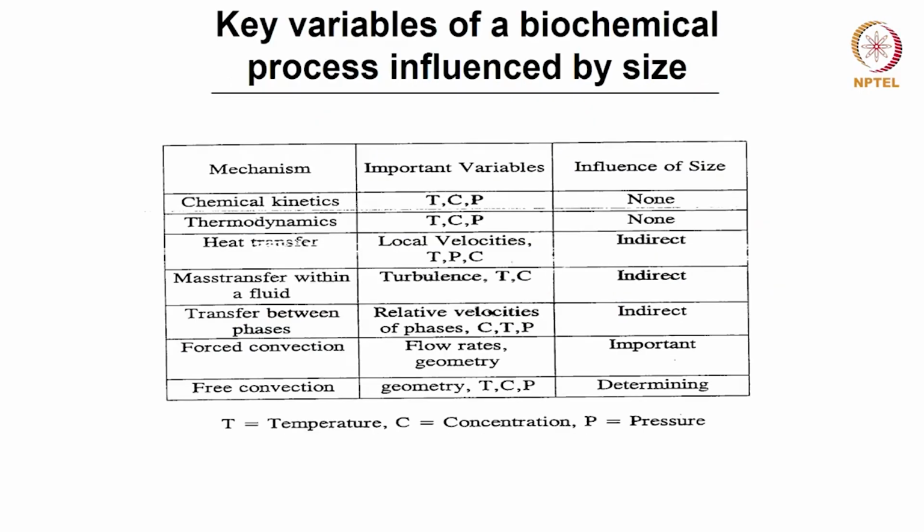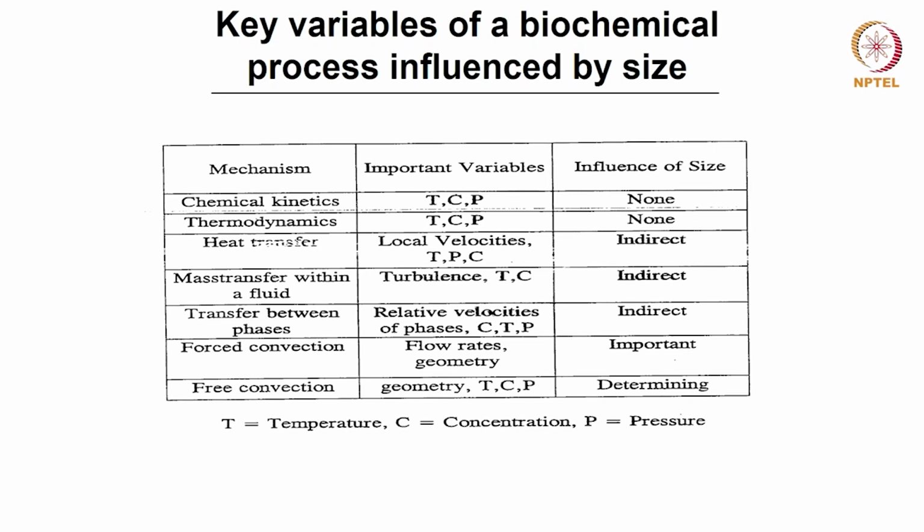So key variables of a biochemical process which are influenced by size, like the mechanism which is chemical kinetics of the process or thermodynamics of the process, are independent of size. They are not influenced by the size.